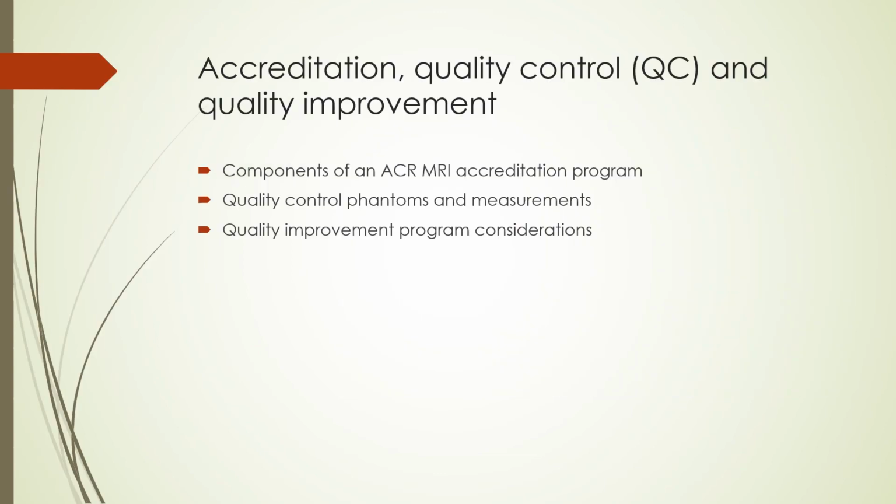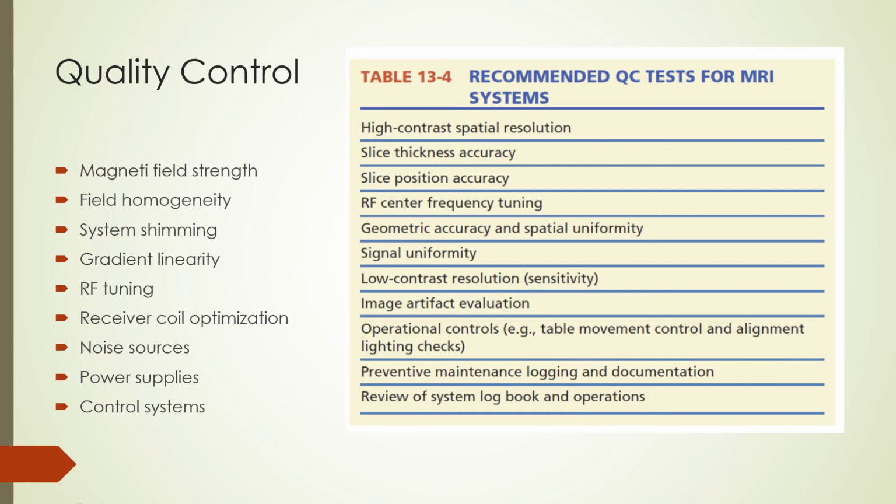Now let's look at accreditation, quality control, and quality improvement. Quality control of imaging equipment is an important part of any imaging department. Qualitative and quantitative measurements of system performance should be performed on a periodic basis.